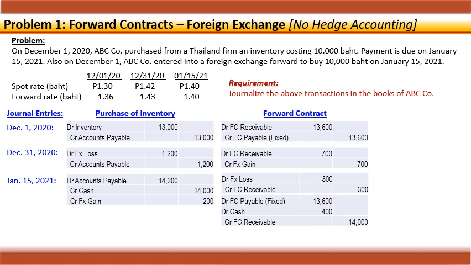And then, magkakaroon ka ng net settlement. Remember kanina may sinabi tayong gross settlement or net settlement. Usually, net settlement yung nagiging setup pagdating sa forward contract. Ito yung sample ng net settlement. Nag-debit ka ng foreign currency payable 13,600, yung setup mo nung unang-una. Credit ka ng forward contract receivable 14,400, yung cumulative amount ng forward contract receivable mo.